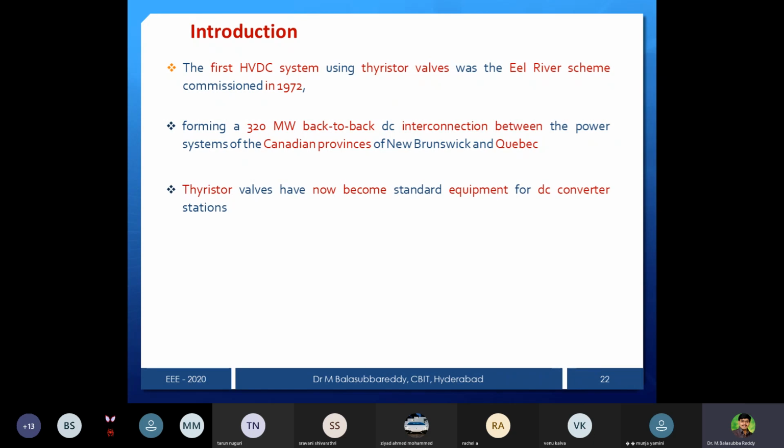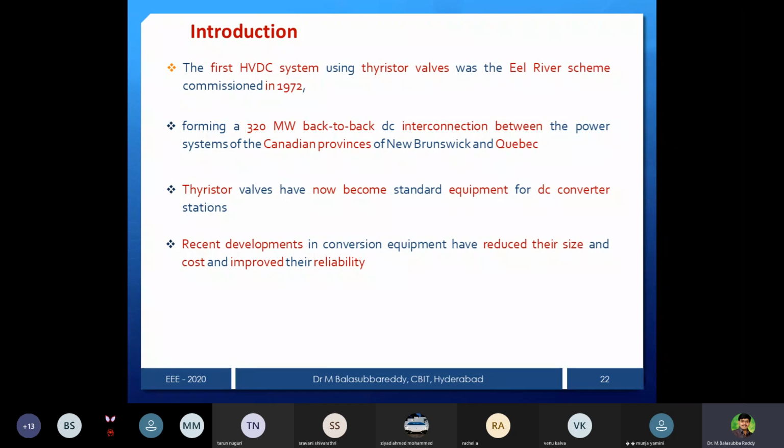And thyristor valves have now become standard equipment for a DC converter station. Now no other devices have replaced this, because the thyristor valve is very powerful. Only for low ratings can we use some other devices, but preferably in converter stations they use thyristor valves. Recent development in conversion equipment has reduced their size and cost and improved reliability, because the device itself, the SCR family of devices, has improved a lot.